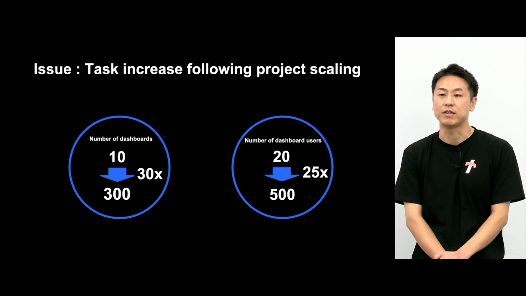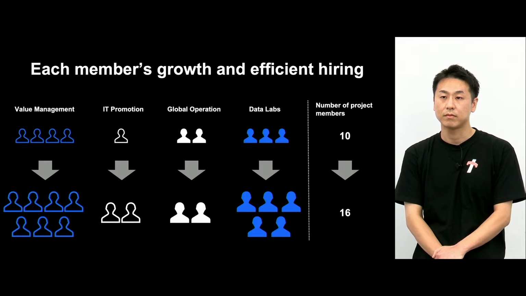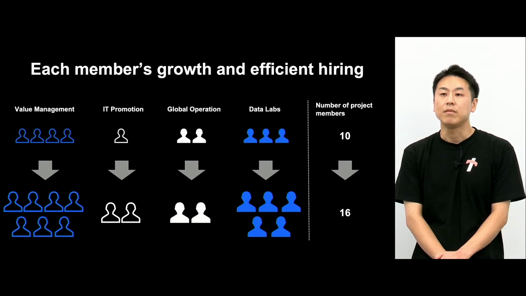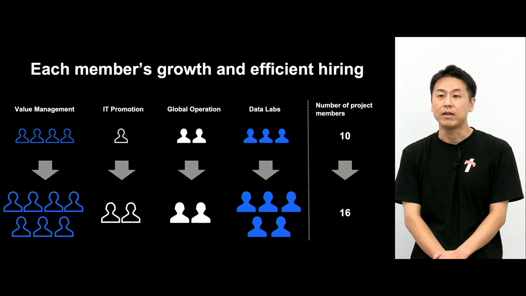The dashboards managed increased 30 or 25 times. Typically, the number of project members has only increased 1.6 times. This is because the clarity of roles makes it easier for members to develop their skills. And in addition, it is easy to attract the necessary human resources from both inside and outside the company.